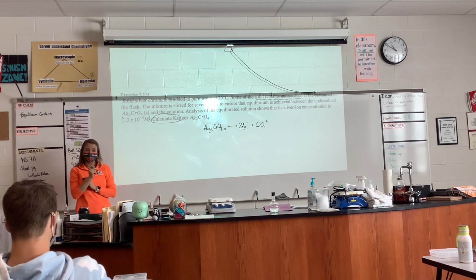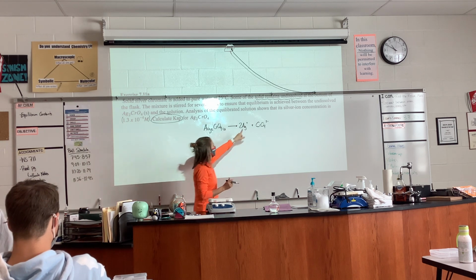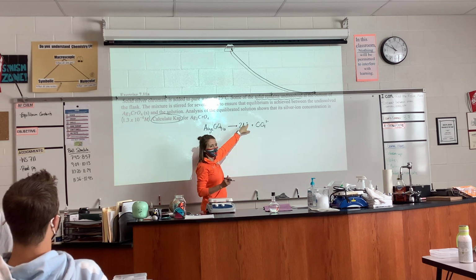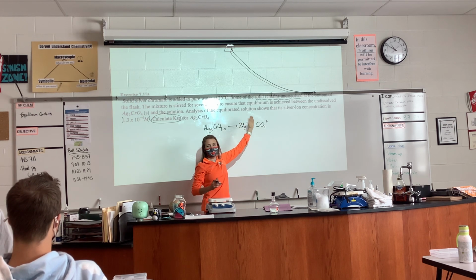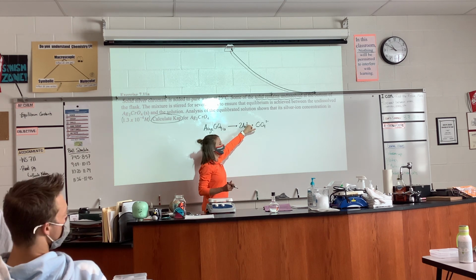Now, just a friendly reminder, because some of you are losing points on this on a test, and it breaks my heart because it's the littlest thing. You leave off the charge, and it's not the same thing in chemistry. Really close, but it's not the same thing.